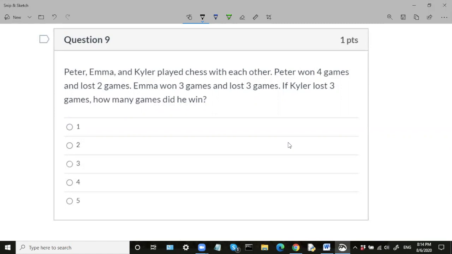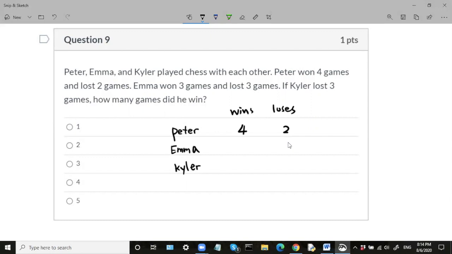Let's organize the information. We have Peter, Emma, and Kyla, with wins and losses. We don't have a tie, just a win or a loss for each game. Peter won 4 games and lost 2 games.